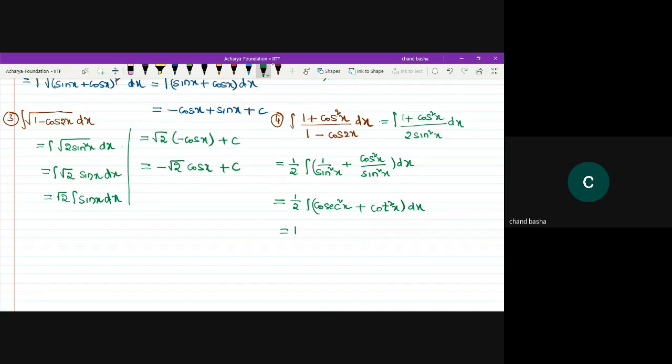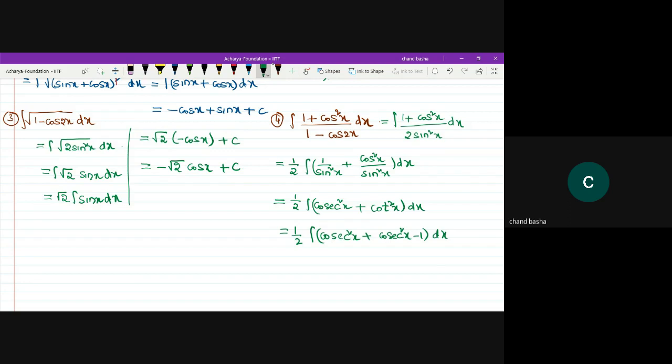Can I write cot square as cosecant square x minus 1? Yes, please. I have the formula for integral cosecant square and secant square, but I don't have any formula for cot square.